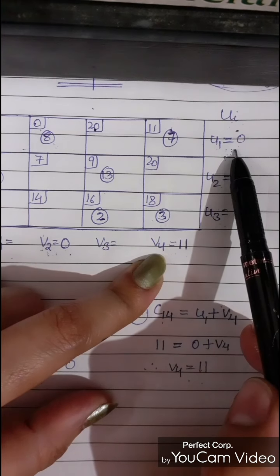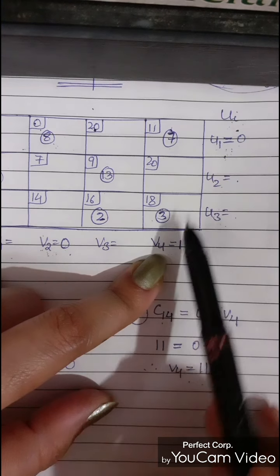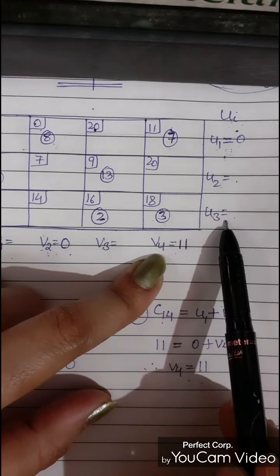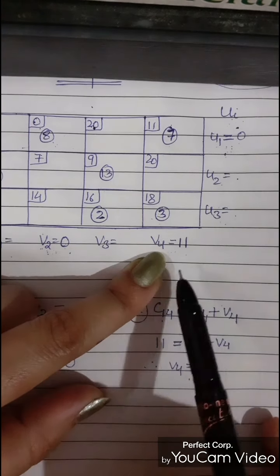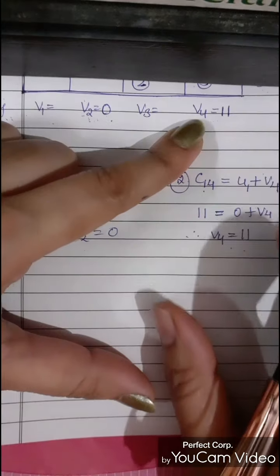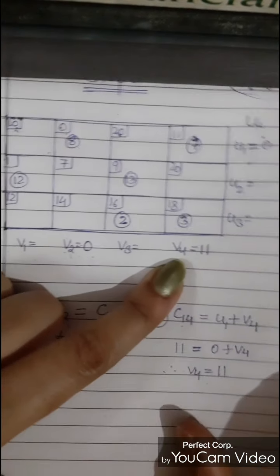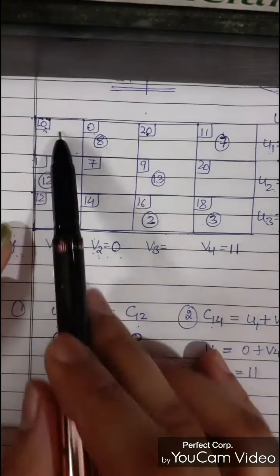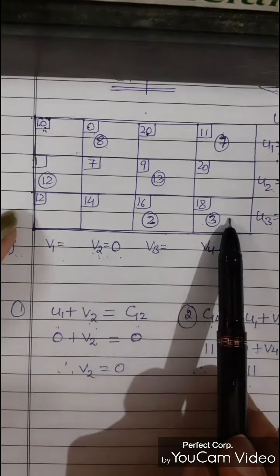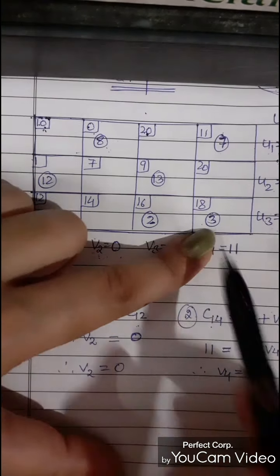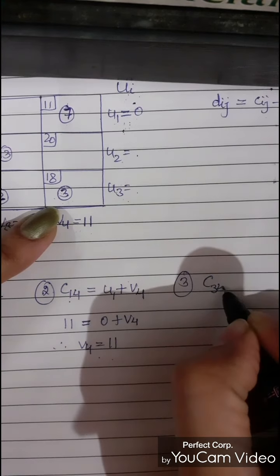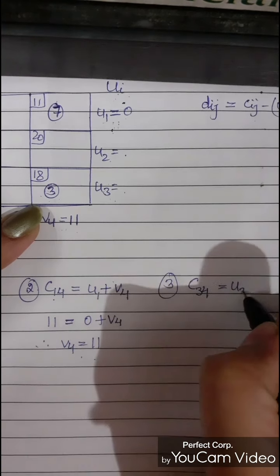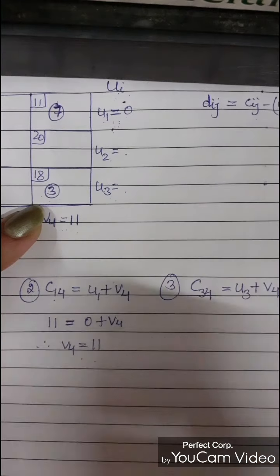For 7 I'm already having the value of U1 equals to 0, and for 3 I'm not having the value of U3. So I can calculate the value of U3 here by using the formula. Which cell is this? This cell is 1 2 3 4, that means third row, and which column? Fourth column. So this cost is C34, which is equal to U3 plus V4, right?